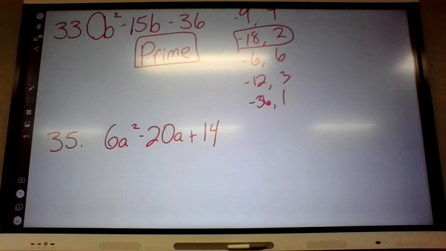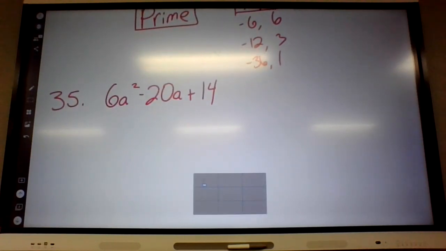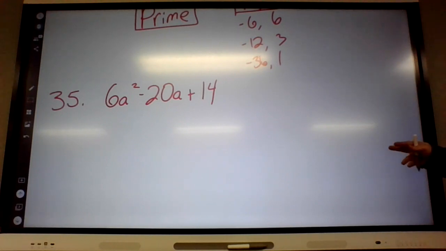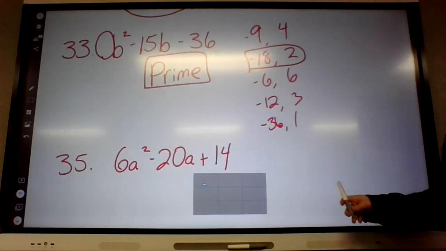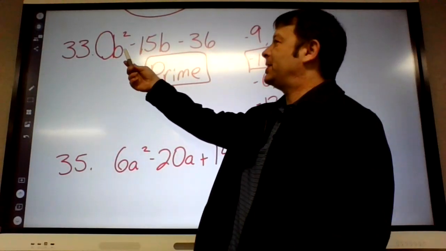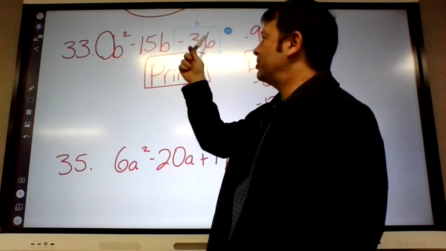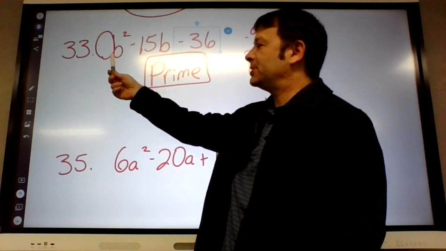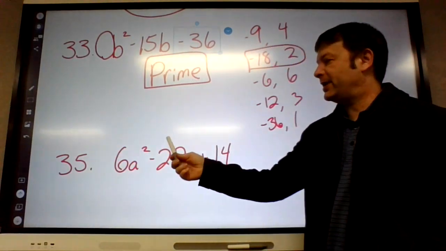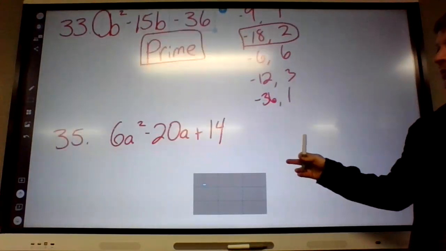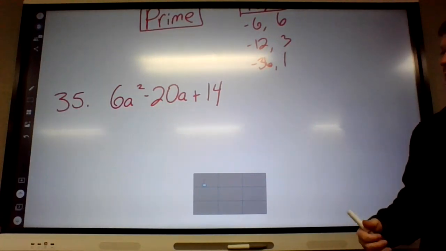All right, Kitten, do you know what we're supposed to do first on this one? You should always see if you can take stuff out. Like on this last one, nothing goes into all three of these. There's no B's in this term, there's no numbers in this term. But what goes into all three of those on this one? 2.